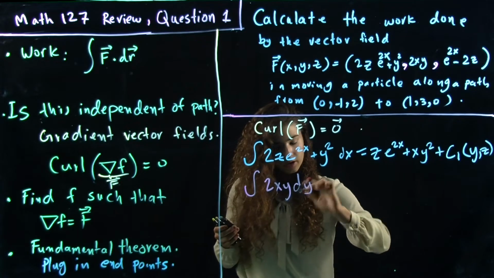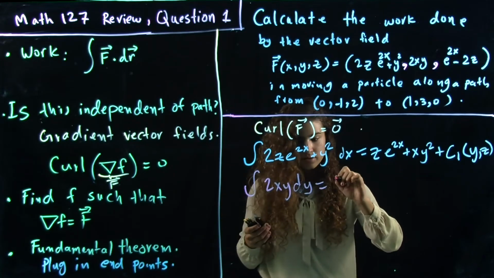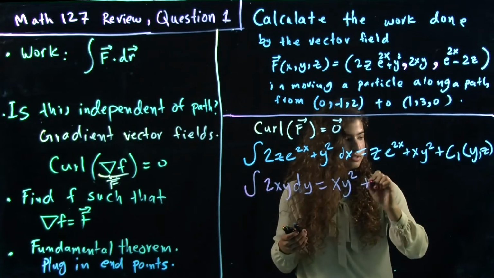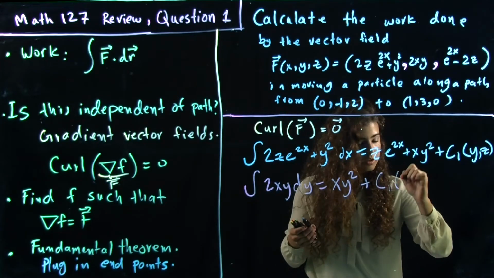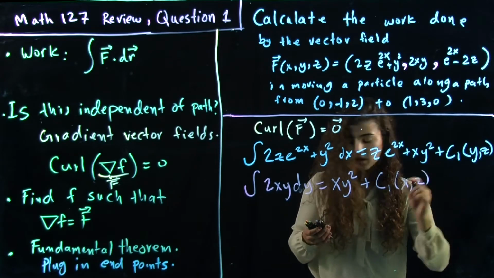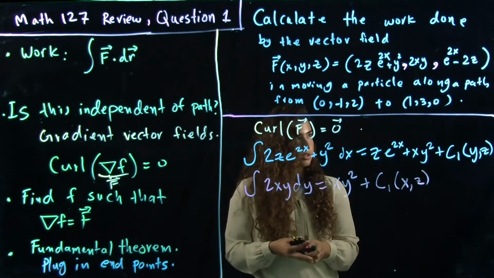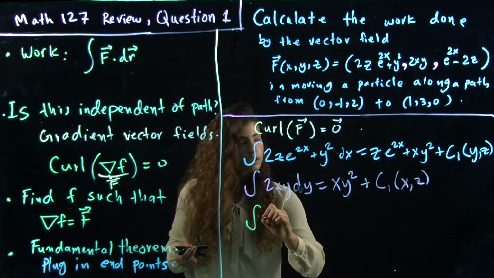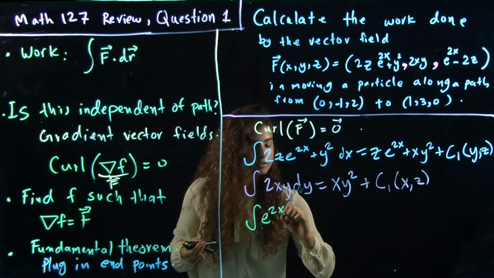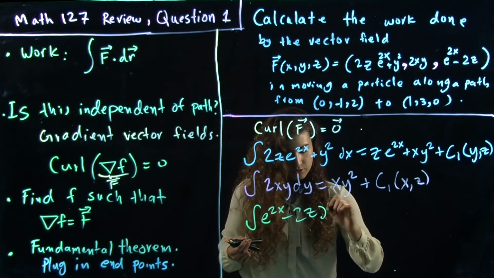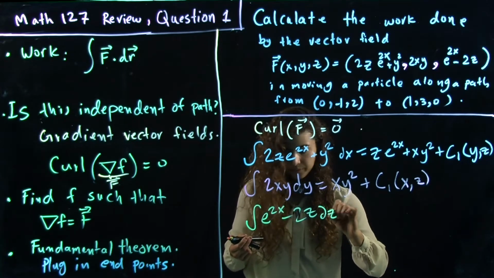And so we'll take the integral of the y component with respect to y, and that is xy squared plus some constant in terms of x and z. And finally, we will take the integral of the third component, e to the 2x minus 2z with respect to z.